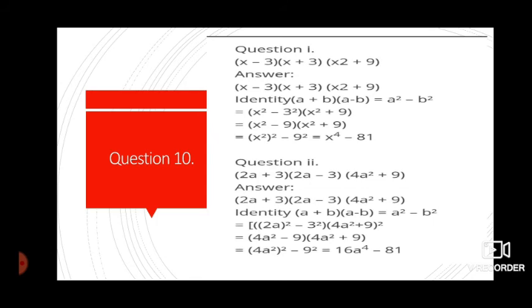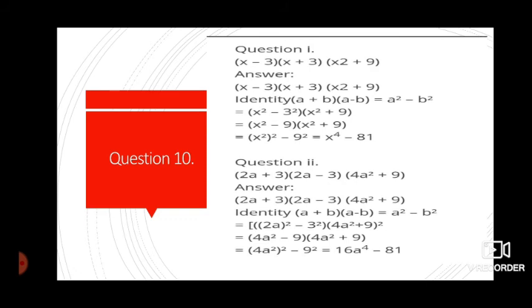Now again consider the first two expressions, that is (2a plus 3) into (2a minus 3). Here it is looking like (a plus b) into (a minus b). A is 2a, b is 3. So how can we write a square minus b square? So a square, that is (2a) whole square, minus b square, that is 3 square, into (4a square plus 9).